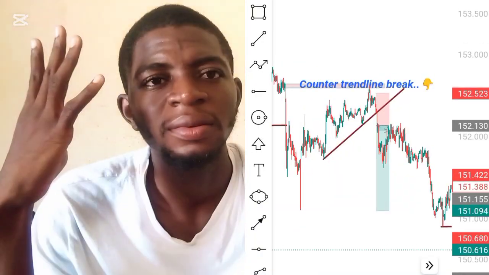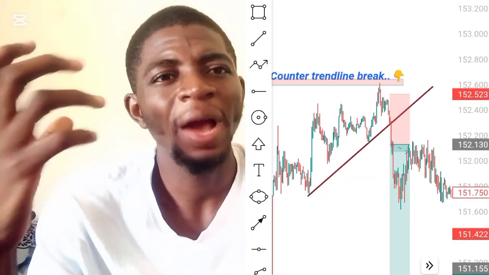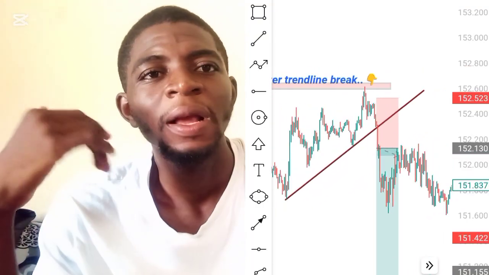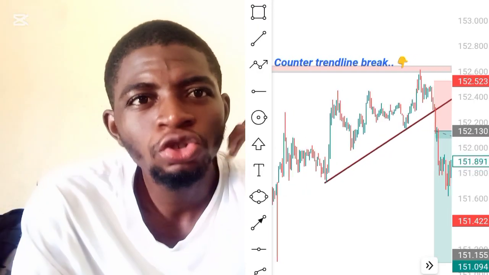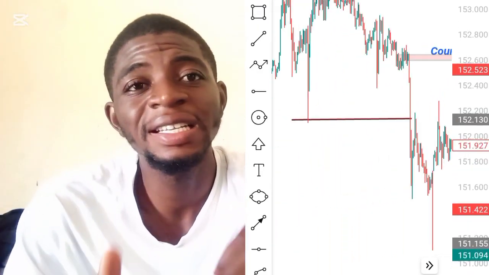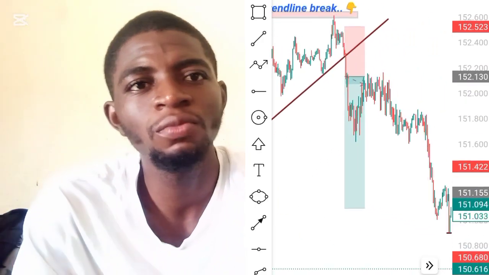And then number two will be my counter trend line break. My counter trend line break, guys. When price is in your zone or on your zone, as the case may be, now, when price is going to your zone, it makes a wave kind of pattern. We all know that the market doesn't move in a straight line.